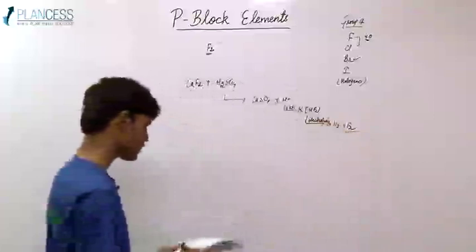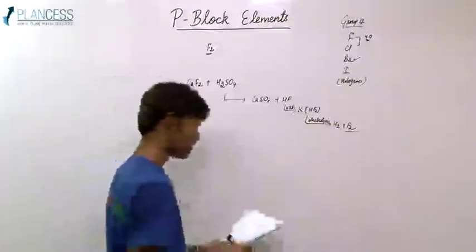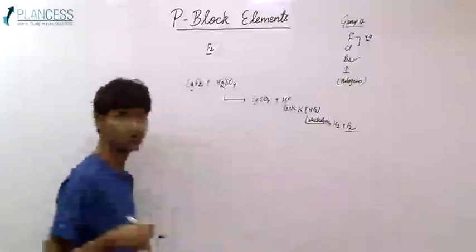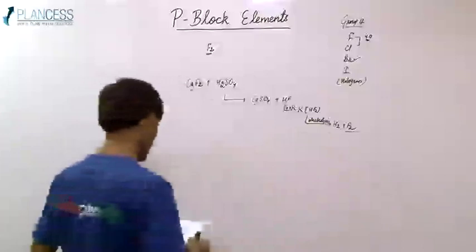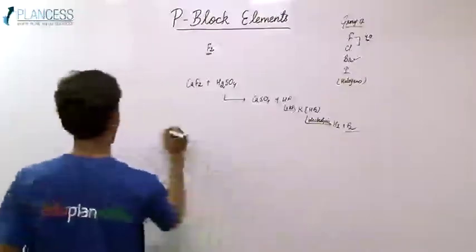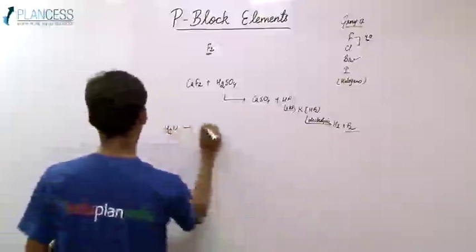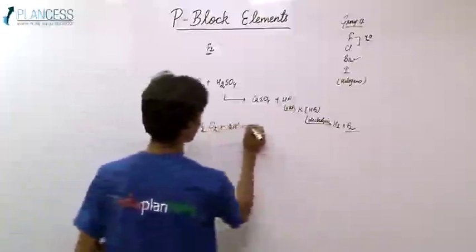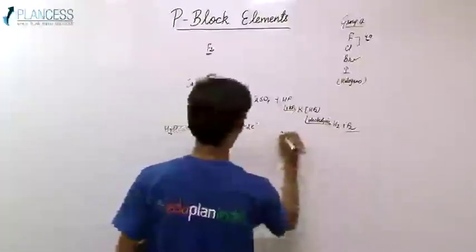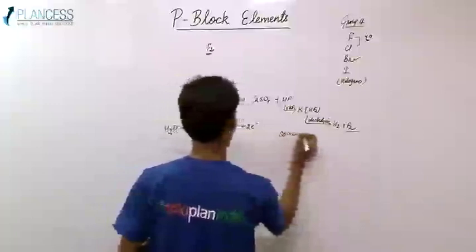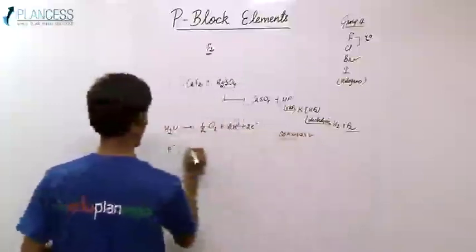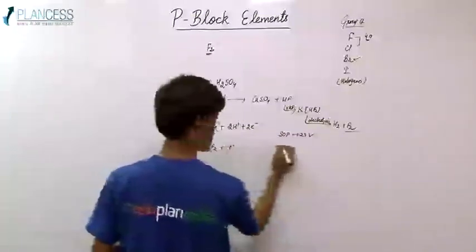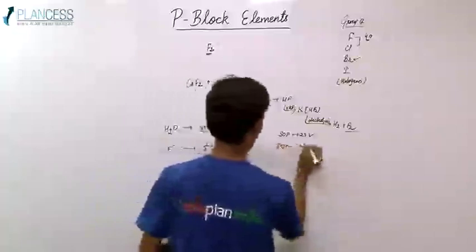Now it is not possible to prepare fluorine by electrolysis of an aqueous solution of NaF or KF. When we are talking about the aqueous solution, if we consider the standard reduction potential and standard oxidation potential, then H2O going to half O2 plus 2H+ plus 2 electrons has a standard oxidation potential of -1.23 volt, and F- going to half F2 plus electron has a standard oxidation potential of -2.87 volt.